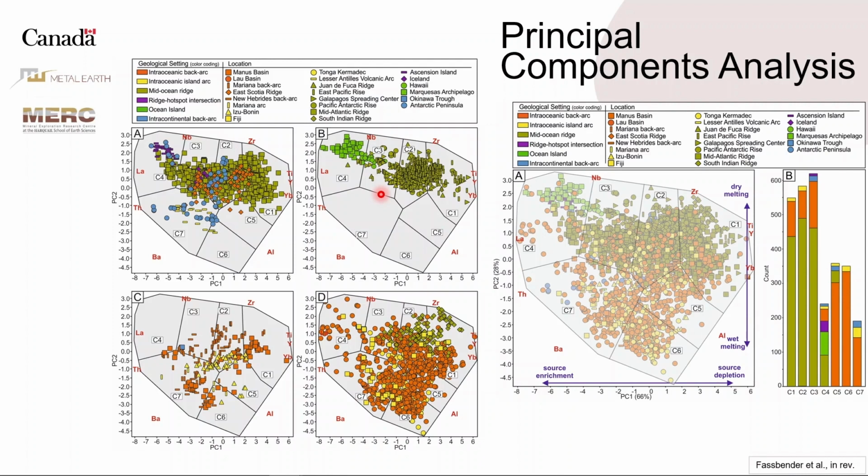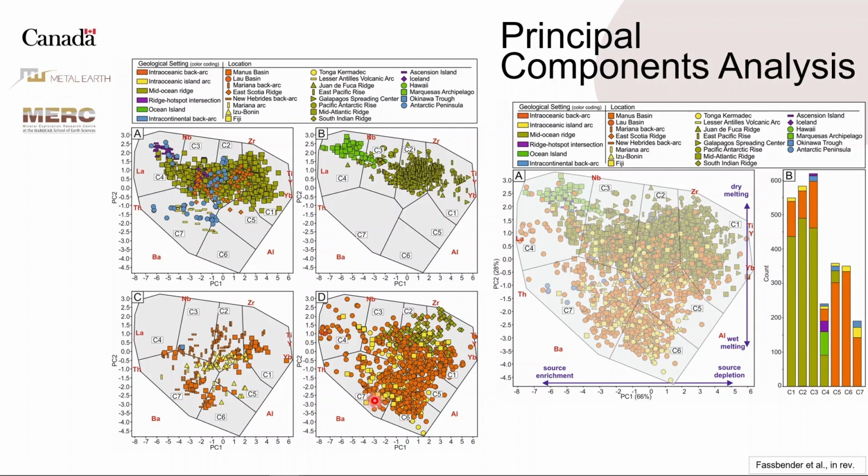So samples that are associated with MORB-like affinities are plotting in C1, C2, C3, and C4. And that is basically a trend from depleted MORB, normal MORB, enriched MORB, towards OIB. And then we have samples that are occupying cluster 5, 6, and 7. And most of those samples are intra-oceanic arc and back-arc samples.